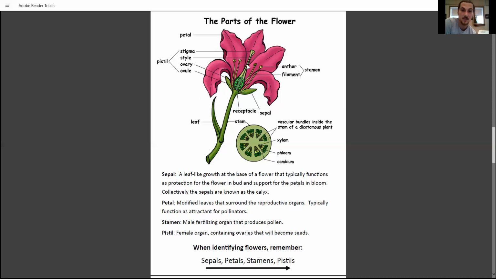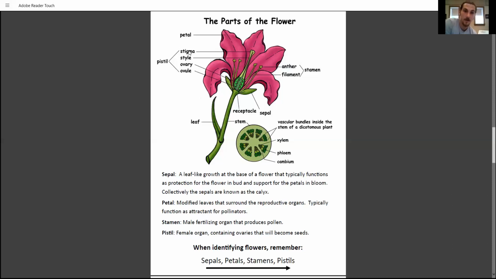It's basically just a hollow tube that connects the stigma down into the ovaries. Depending on the plant, this ovary can be very noticeable. It can be inside the flower and you can see it. It can be contained within the plant underneath the flower, and maybe you see the flower, and then underneath it there'll be a large bulbous knot or something that is actually the ovaries contained deep within.